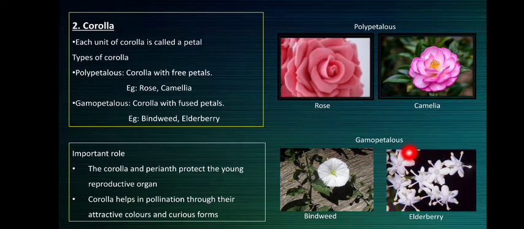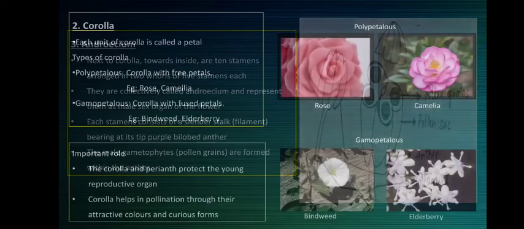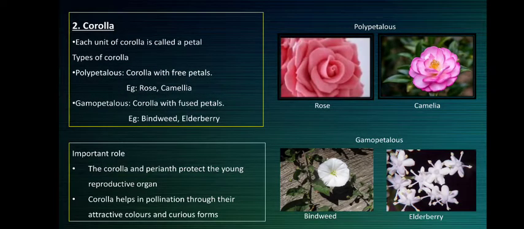Gamopetalous: corolla with fused petals, example bindweed and elderberry. The important role of the corolla: corolla and perianth protect the young reproductive organs, and the corolla also helps in pollination through their attractive colors and curious forms.